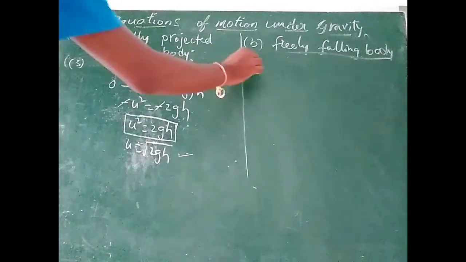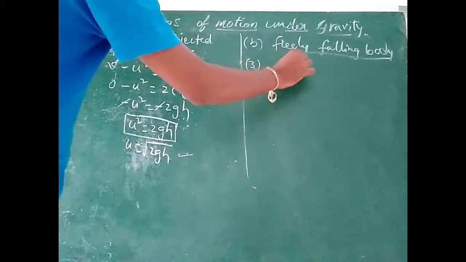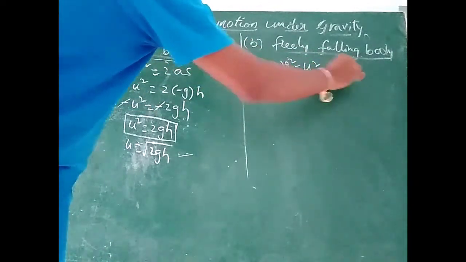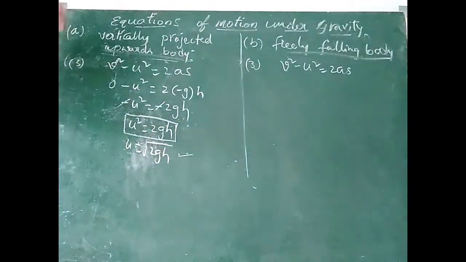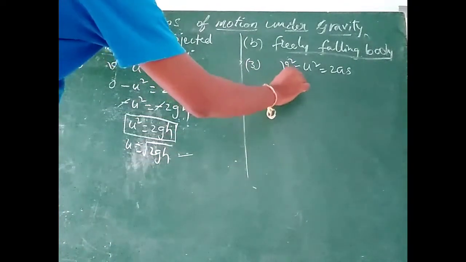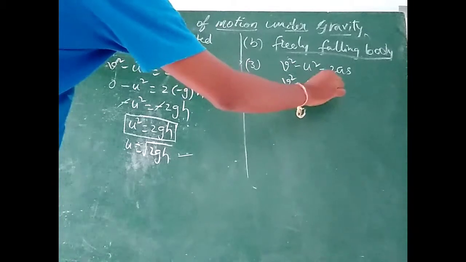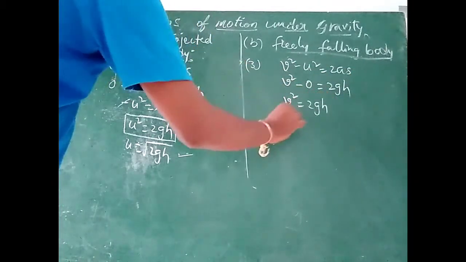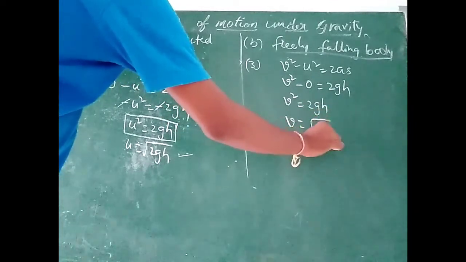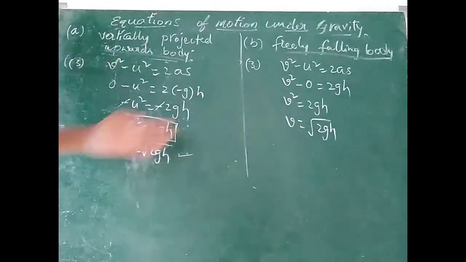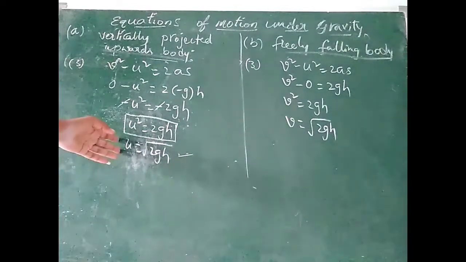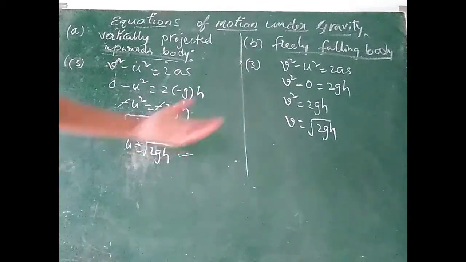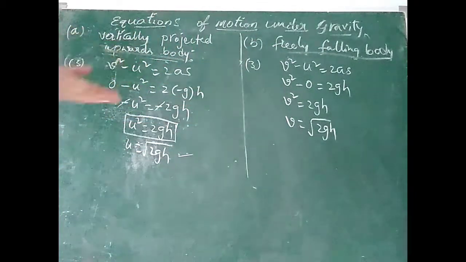Let's check in this case, the freely falling body. Third equation, v square minus u square is equal to 2as. So v square minus 0 is equal to 2gh, v square is equal to 2gh, v is equal to square root of 2gh. Both equations are the same: velocity square is equal to 2gh in both, depending upon whether it is a freely falling body or a vertically projected body.